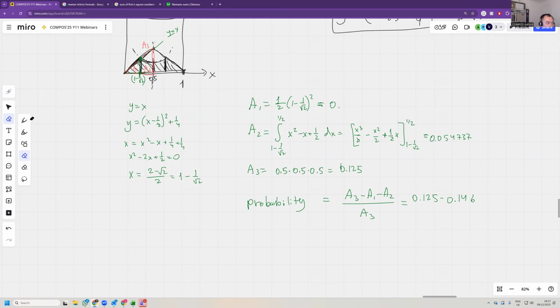Yes. So 0.04289. It's 0.125 minus 0.04289 minus 0.054737, all over 0.125, and that's the probability. It's 0.22. So 22%.